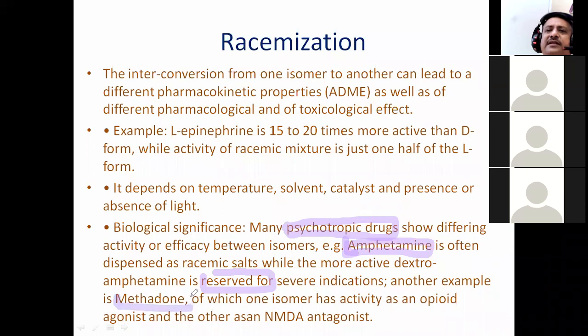methadone, which also has isomers, of which one isomer has activity as an opioid antagonist and the other as an NMDA antagonist. So as we have different isomers for a particular drug, they have different ADME properties, and they can give different pharmacological and toxicological effects.